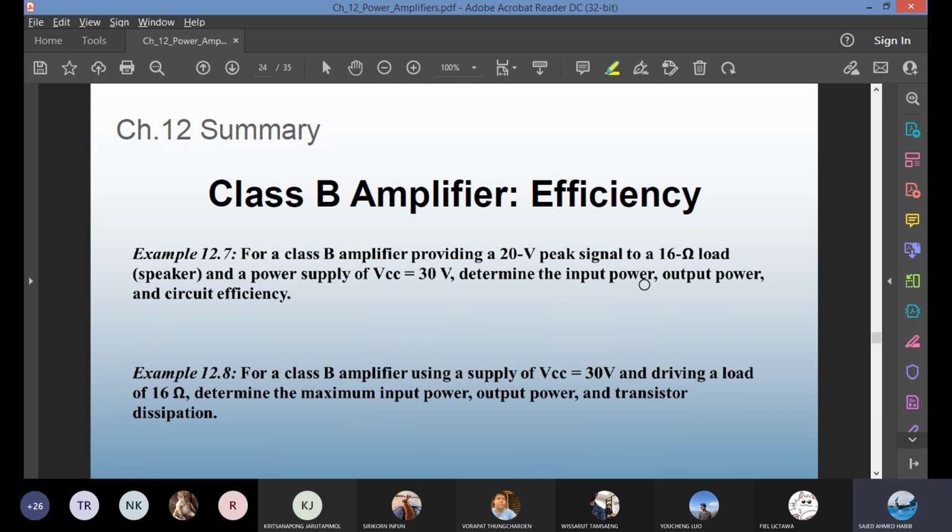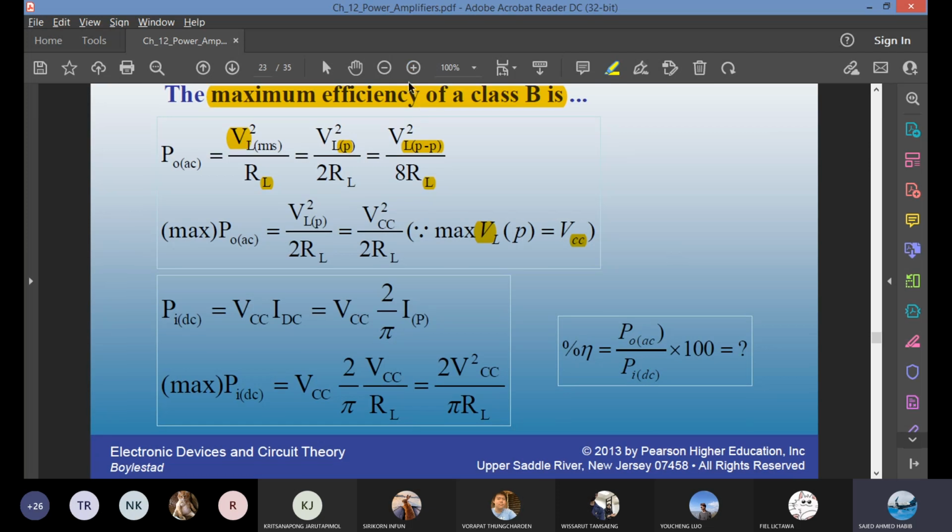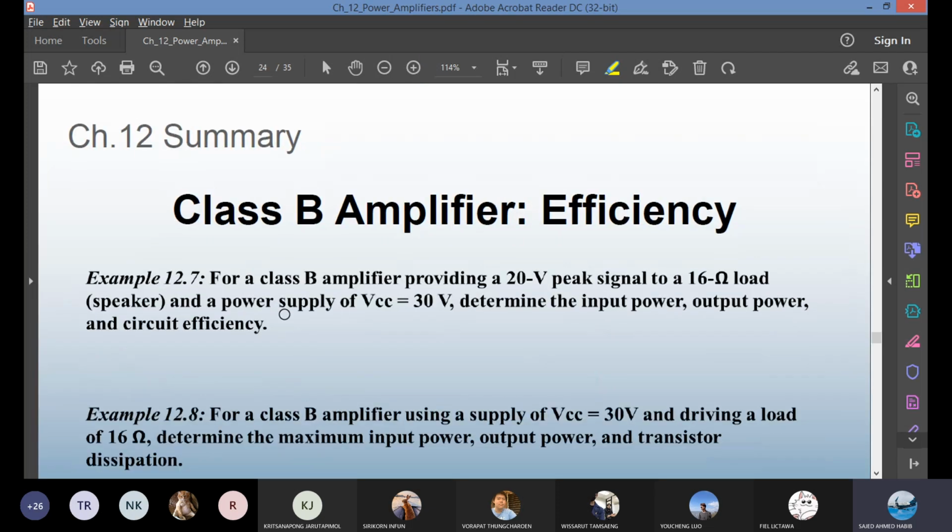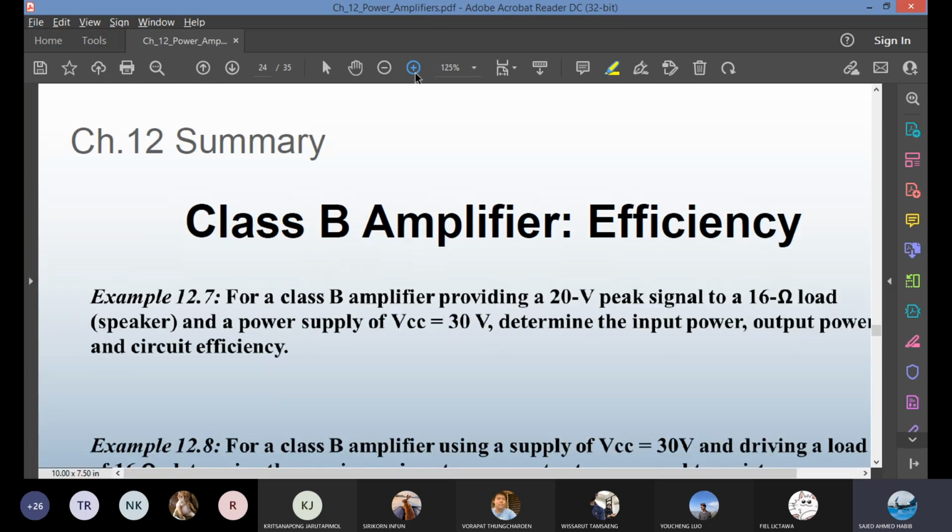Now we will look at 3 examples involving the Class B power amplifier. Let's focus on example number 7. I'll bring it on the screen in the class notebook and I will ask 3 students. There are 3 parts of this problem. Again, I start rotating, so I'll start asking again after midterm.